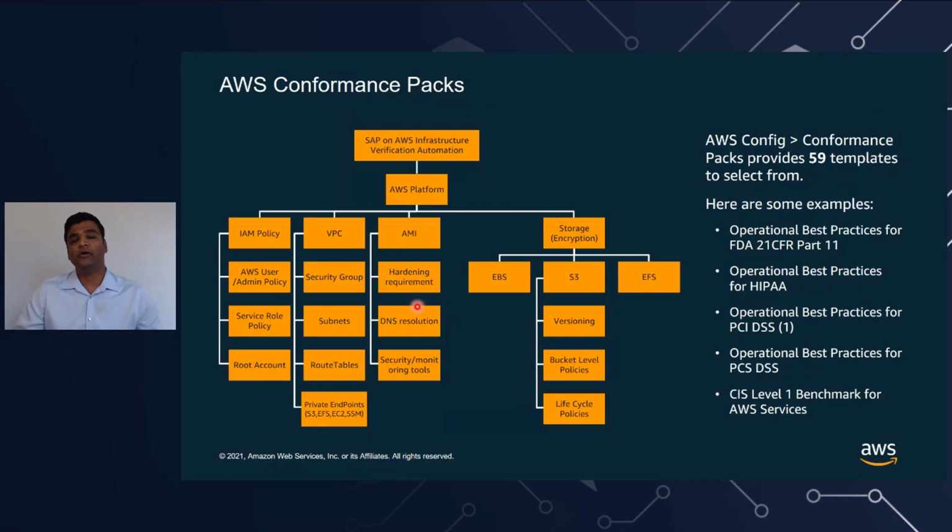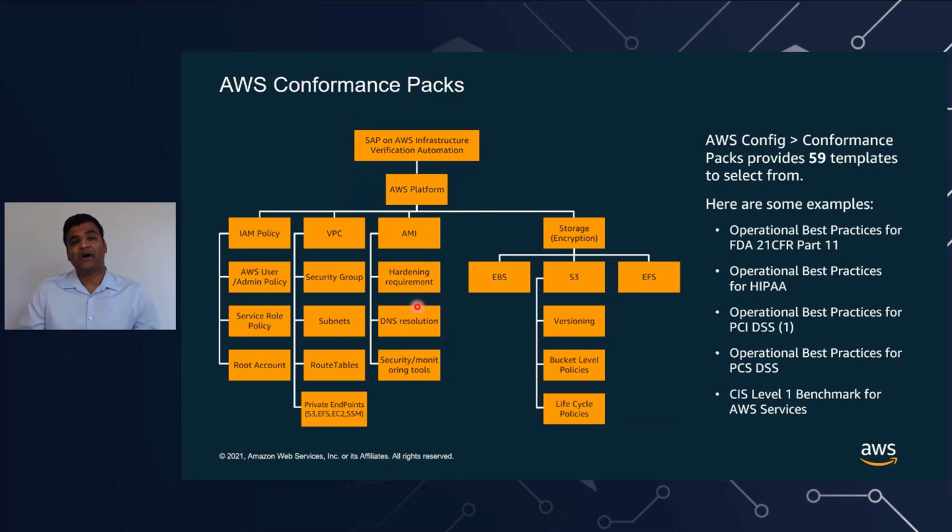So for an example, if you are in the healthcare and life science industries, you do need to follow the FDA 21 CFR Part 11 requirements. We do have an operational best practices template that actually can enable those controls within your AWS accounts. If your workloads require PCI DSS compliance, you can leverage the operational best practices that are offered by the PCI DSS template.